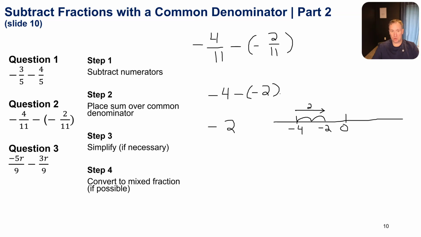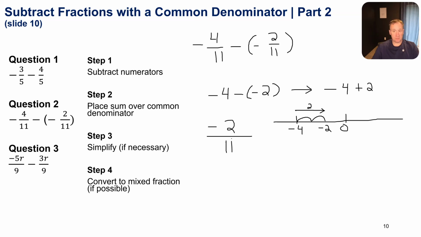Now, by the way, you could rewrite this, if it makes more sense for you, as negative 4 plus 2. Subtracting a negative is the same as adding a positive, so adding a positive 2 here. So I have a negative 2 on top. I then write this sum, or the difference, over a common denominator of 11. So I now have negative 2 over 11.